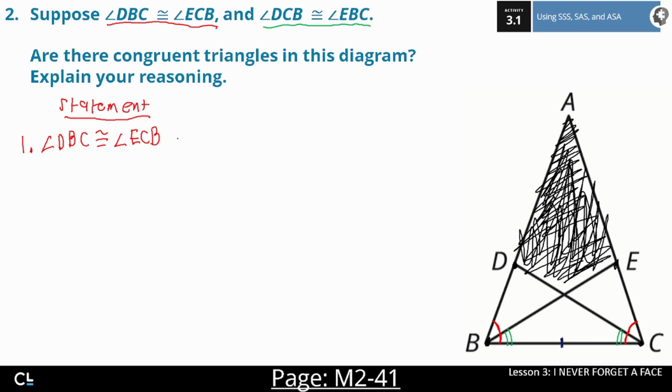Still getting used to my writing here. And for my why section, why do we know this? Well, it told me up top. We call this a given. This is our given statement. So these are congruent. Why? Because it was given to me. It was told that that was true.